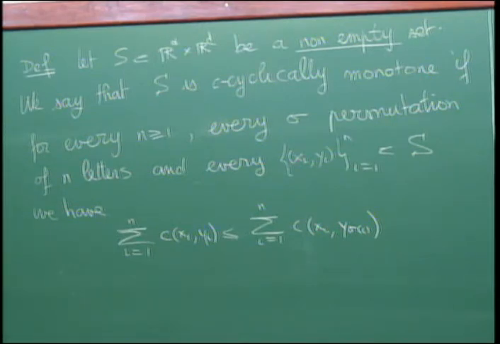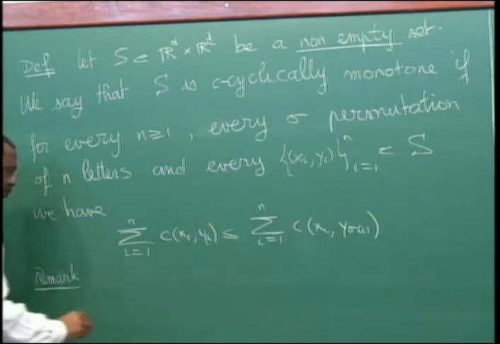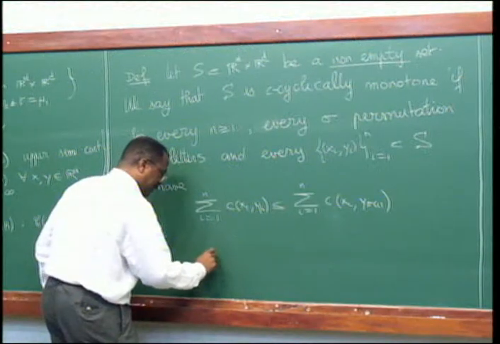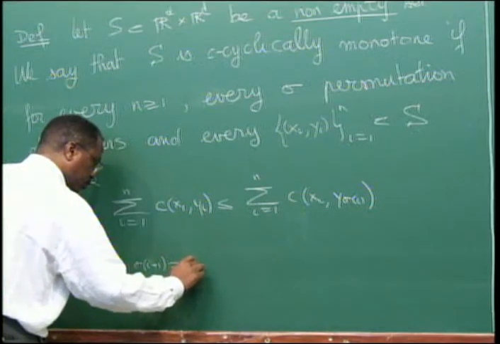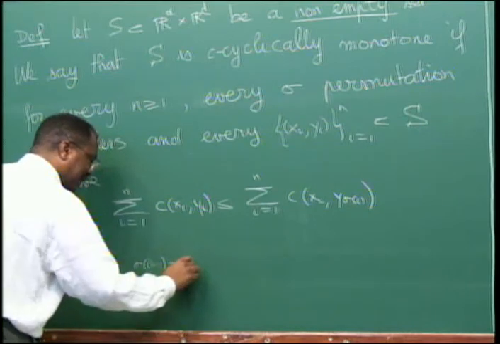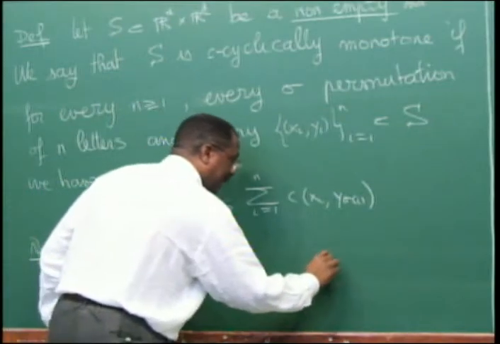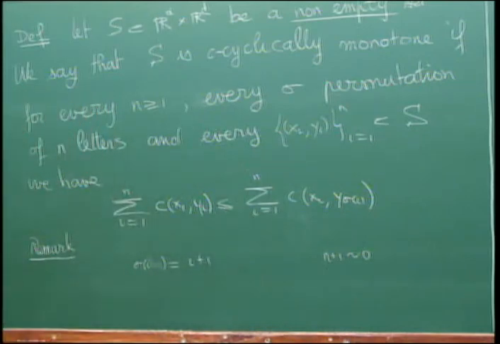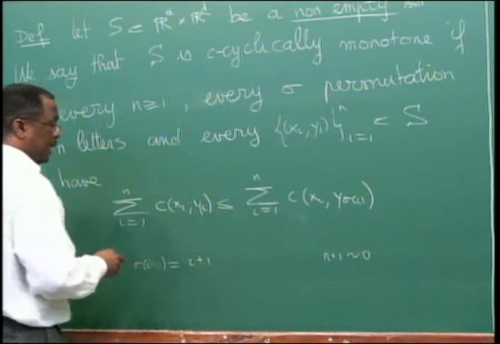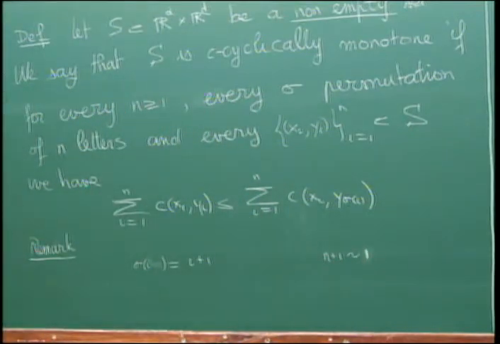Without loss of generality, it is not a loss of generality to take sigma(i) equal to i plus 1, with the convention that n plus 1 is identified to 1.